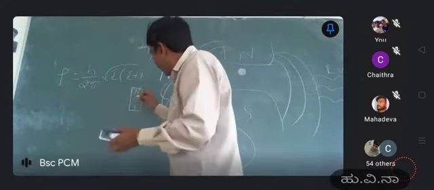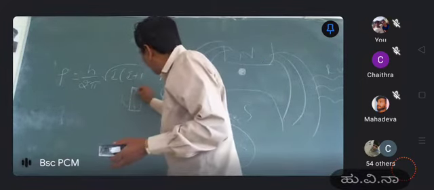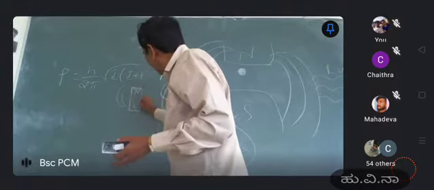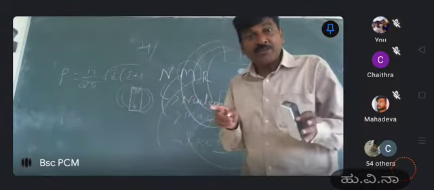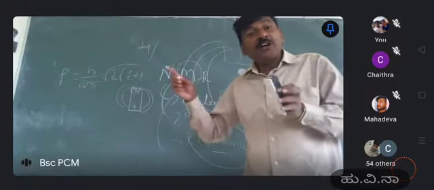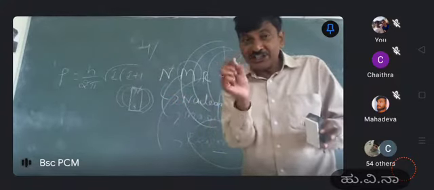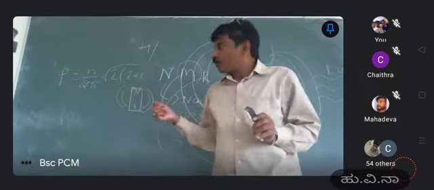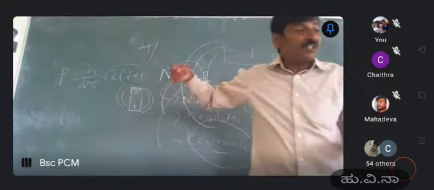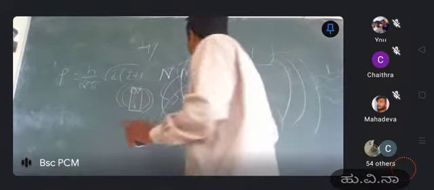It also produces a magnetic field that starts from the north end and goes to the south end, like this. So it behaves like a tiny bar magnet. What is the magnetic strength of this? That is represented by the symbol.